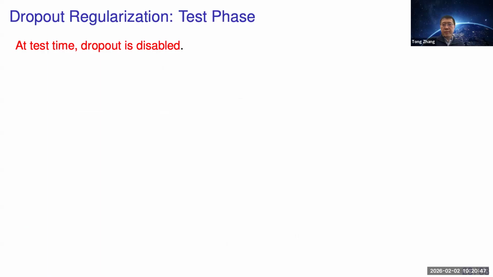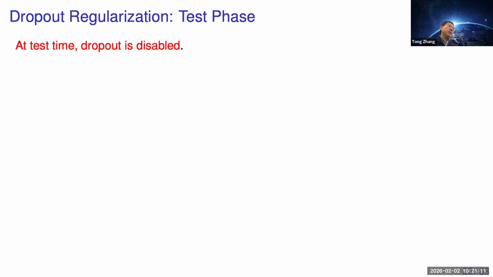So we will talk a little bit about what happens in the test phase. In the test phase, you want to disable dropout. Why is that? Think a little bit about that. What happens if you do not do that?